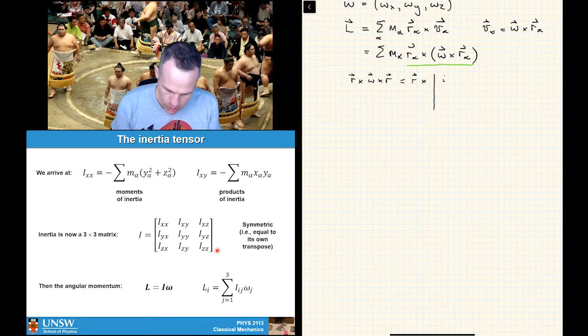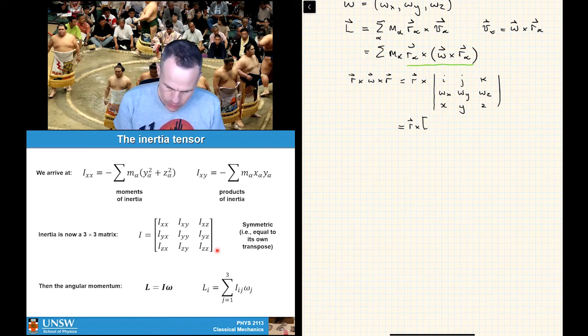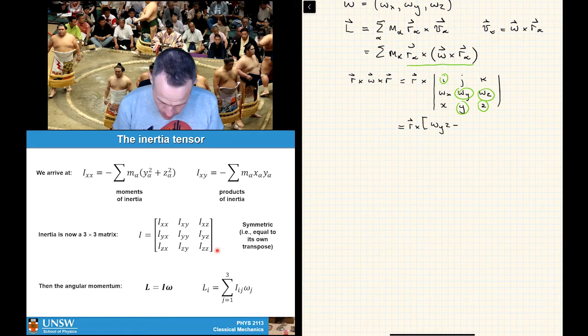So we've got i, j, k, omega x, omega y, omega z, x, y, z, like so. And so this will now be R cross, we can put a set of brackets here, and we can break up these particular components, right? So we do this as usual. We start with i, it's going to be this times this minus this times this. So it will be omega y z minus omega z y.